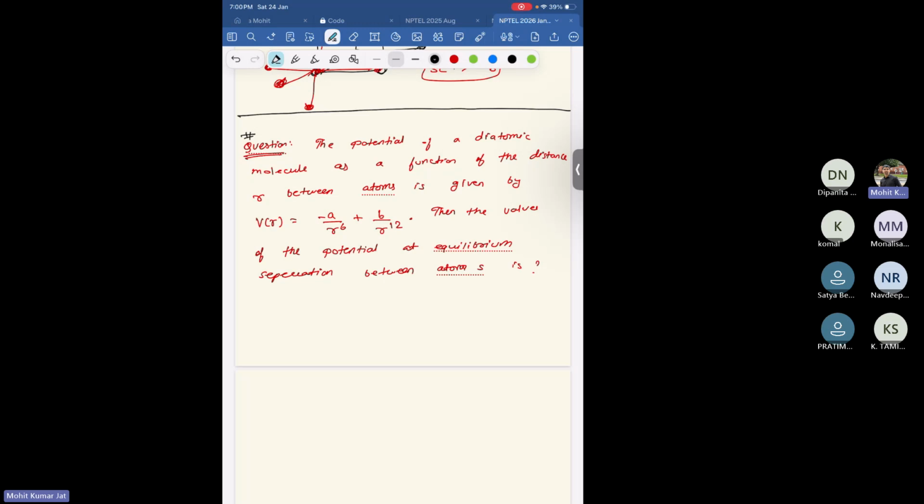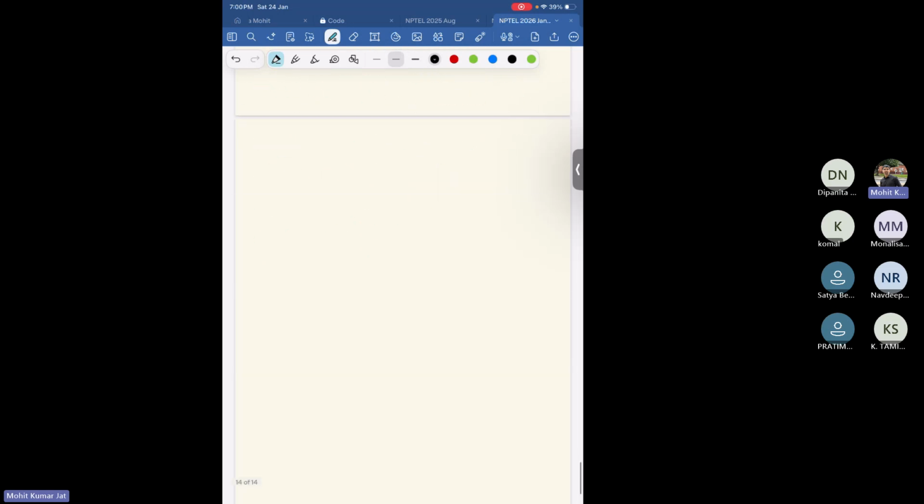One term is attractive, another is repulsive, and at the minimum of the potential your diatomic molecule is stable. And if any system is stable, in that case the force should be zero, right? If the force is there, then how would your system be stable? So for that, the force has to be zero, and we know that F is proportional to del V by del r.